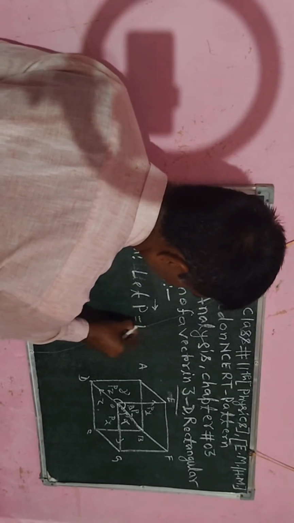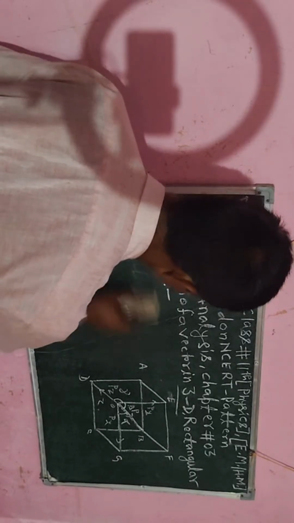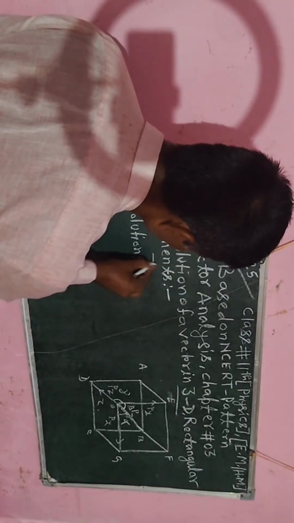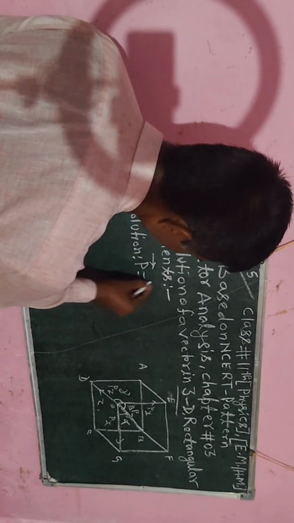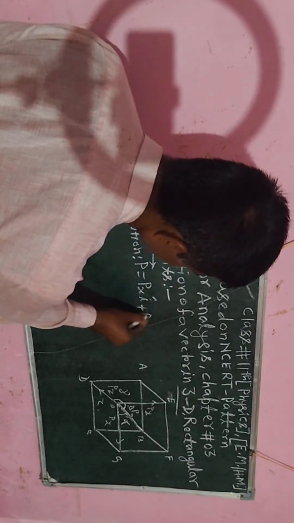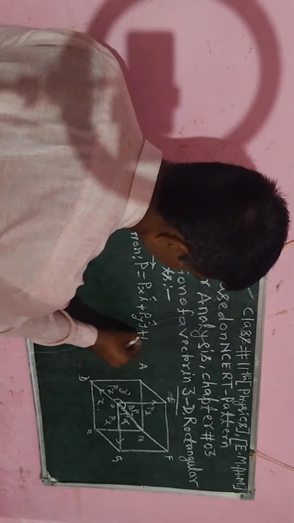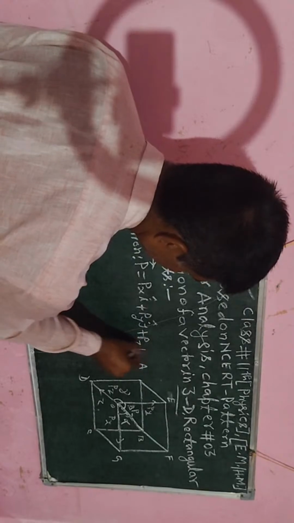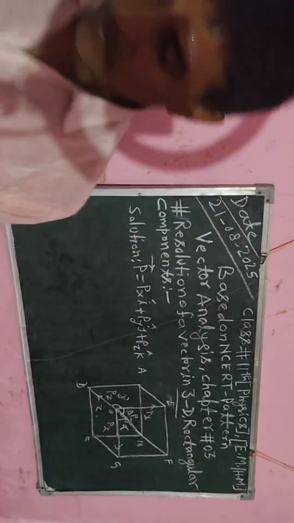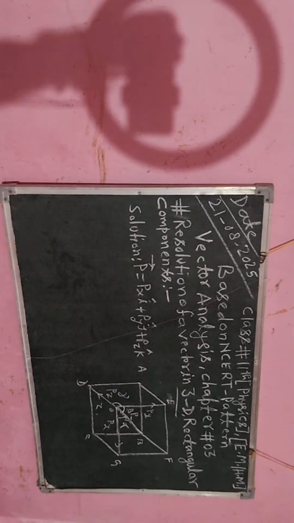So here there is space, so properly I have to write vector P, which is equal to px vector i plus py vector j, and then I have to write the rest also properly. Okay, all this information will be clear.